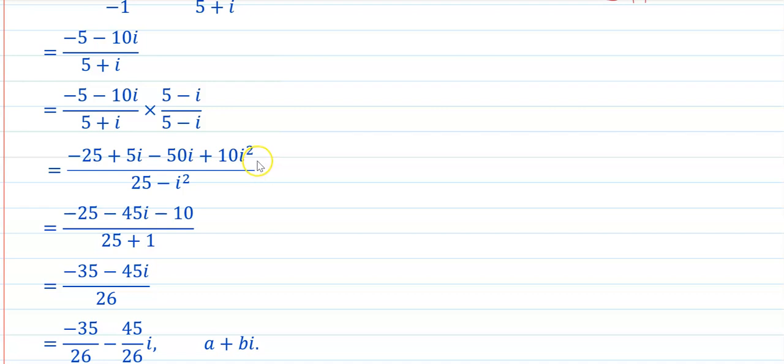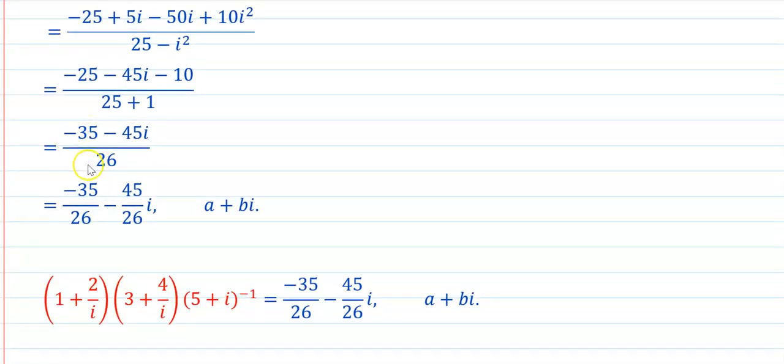But i square is minus 1. Okay, overall you will get minus 10. Next 5i minus 50i, you will get minus 45i. Next minus 25 as it is. Okay. Next simplification, minus 25 minus 10, you will get minus 35, minus 45i upon 25 plus 1, that is 26. Now split this up: minus 35 upon 26 and minus 45i upon 26, which is in the form a plus bi.